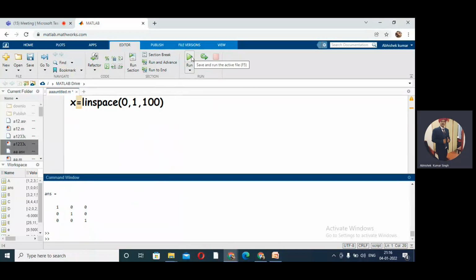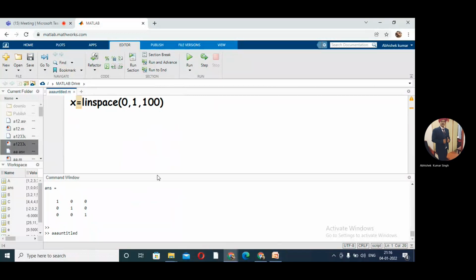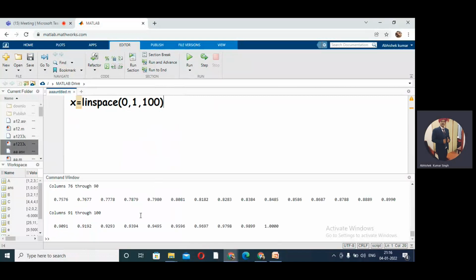Let us see. Yes, we can see 100 points. It starts from 0 up to 1 with equal spacing. What is the spacing here? 1 by 100.